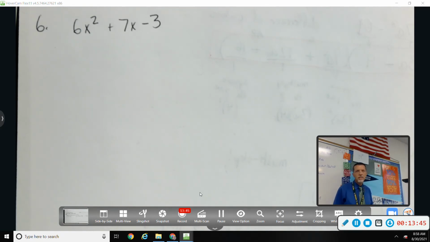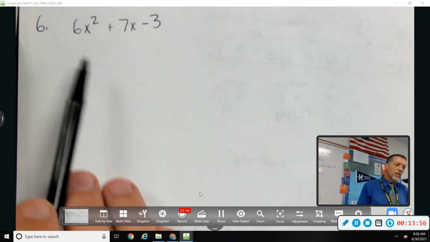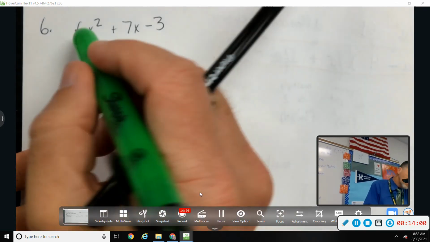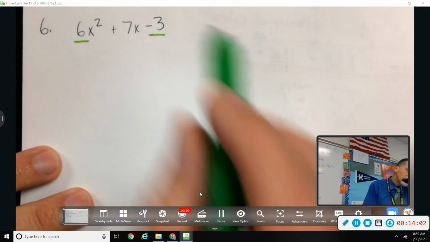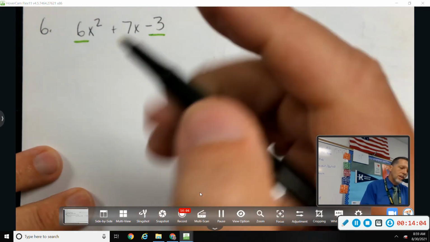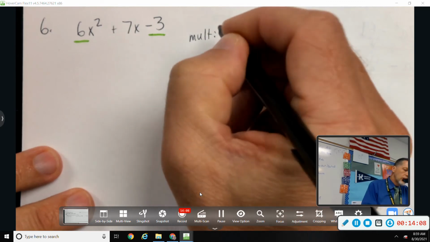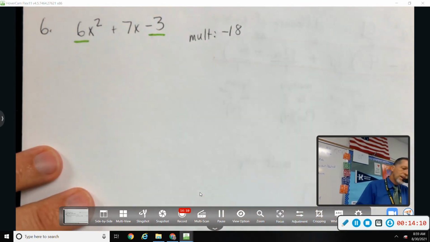There are lots of different ways to do this. They all come back to you've got to multiply a and c. So you're going to multiply to get negative 18.